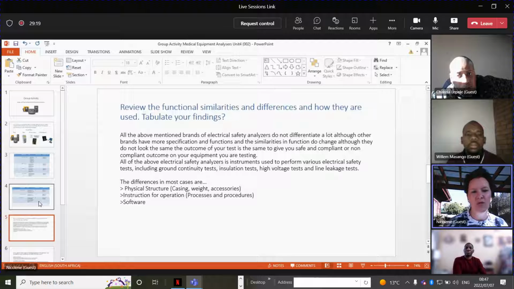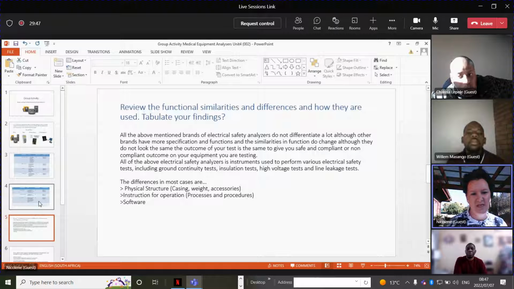Although they do not look the same, the outcome of the test is the same, to give you a safe and compliant or non-compliant outcome of the equipment you are testing. All of the above electric safety analyzers are used to perform various electrical safety tests, including ground continuity testing, insulation testing, high voltage testing, and line leakage testing.